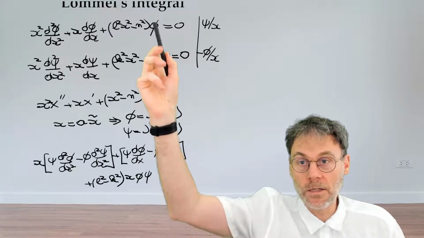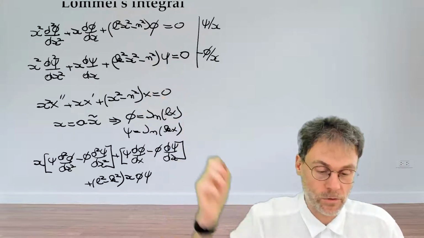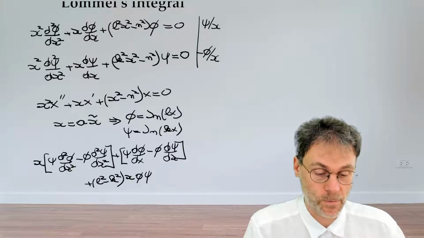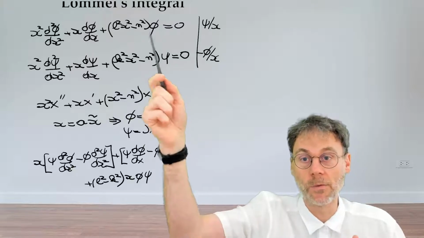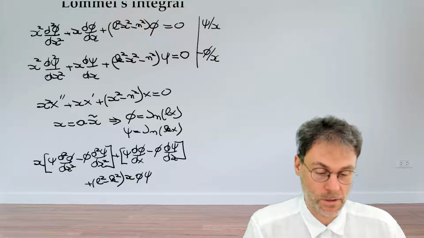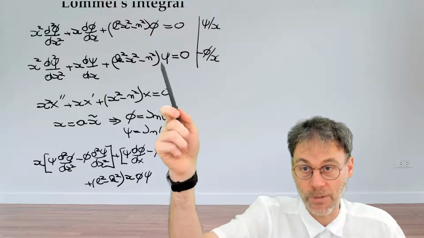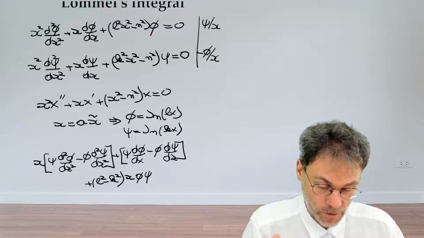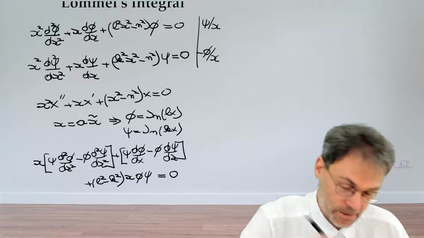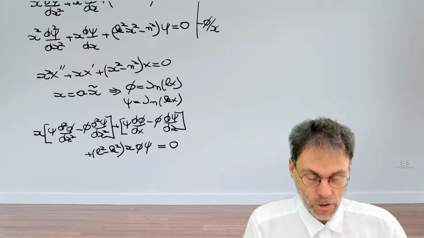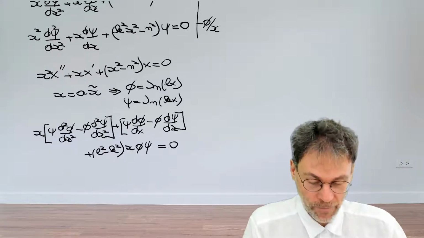And then finally, these two terms with n squared. So this will give us n squared divided by x phi psi. And here we have minus n squared divided by x phi psi. So these last contributions, they cancel. So this is the equation we have.